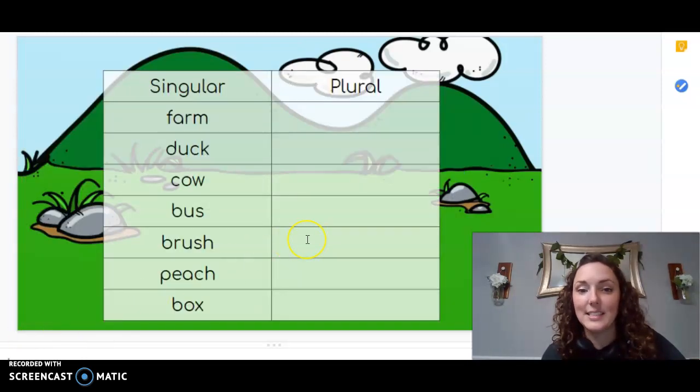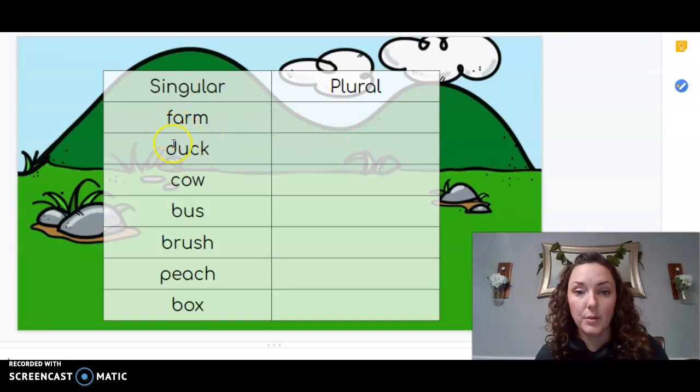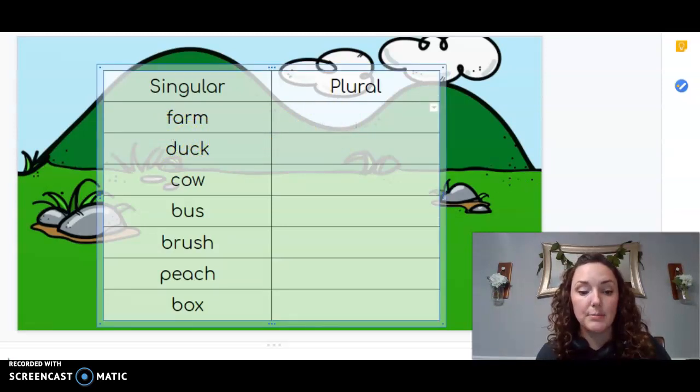All right, on this last part, we are going to take a singular word and make it plural. So my first word is farm. I'm going to click over here and we're going to spell farms because we need to make it plural. Now remember, for most of our nouns, we can just add an S to the end, but there are some tricky ones.